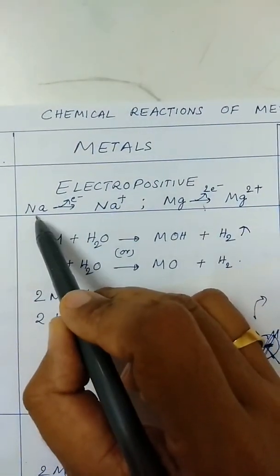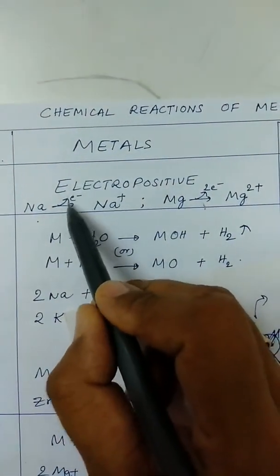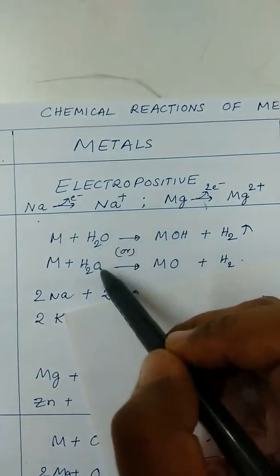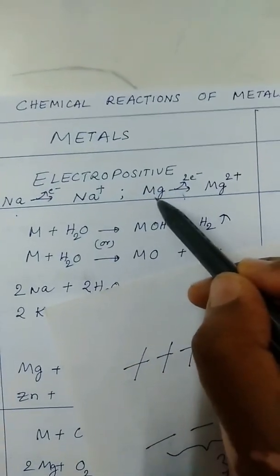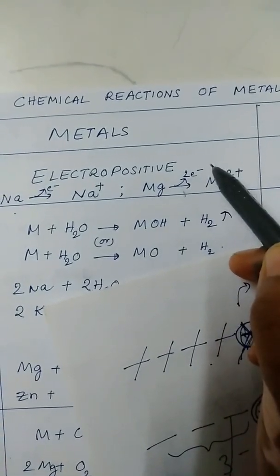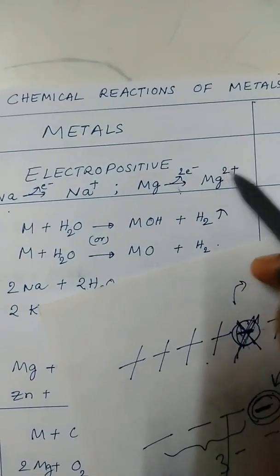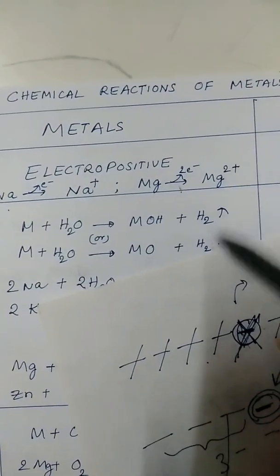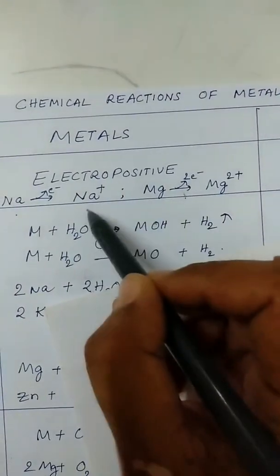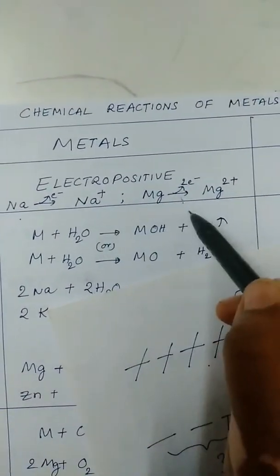So if you can see here, sodium loses 1 electron, so it gets 1 positive charge. Magnesium, on the other hand, has a tendency to lose 2 electrons. So it gets a net 2 positive charges. So these are nothing but cations that are formed.